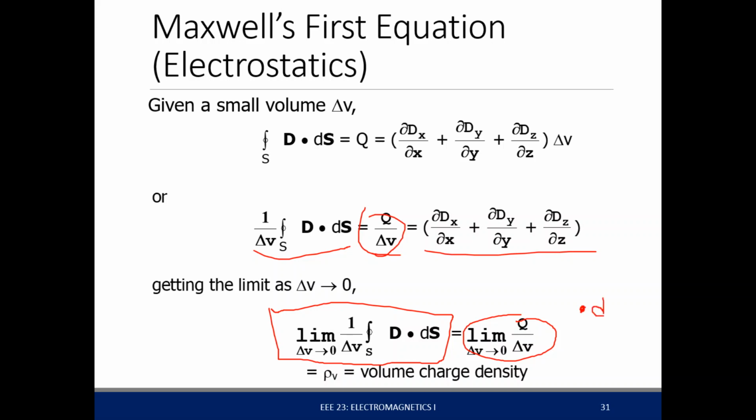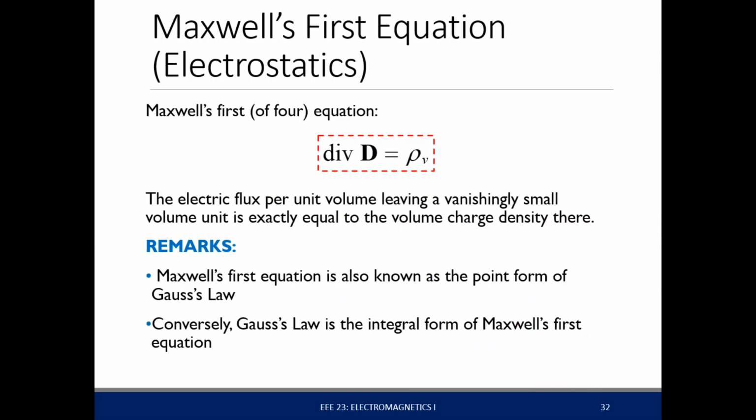A very small point has a differential volume, and because of that, it has some form of differential charge. So differential charge with respect to volume, or coulombs per meter cubed. And that's actually your volume charge density. Basically, the divergence of your electric flux density is equal to the charge density in space.